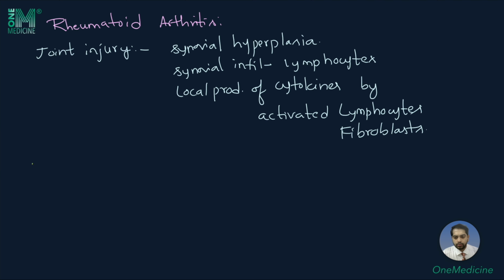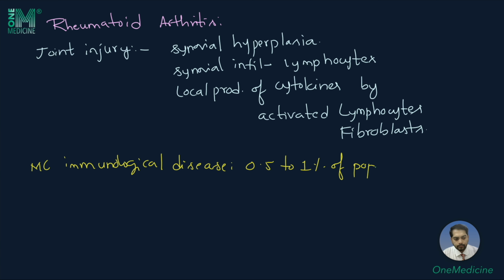Rheumatoid arthritis is one of the most common immunological diseases and affects approximately 0.5 to 1% of population. The incidence is more in females than males, with a ratio of 2 to 3 is to 1. For every 2 to 3 females, there is 1 male with RA disease.